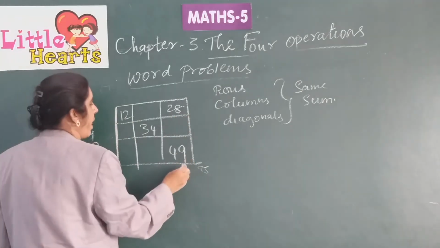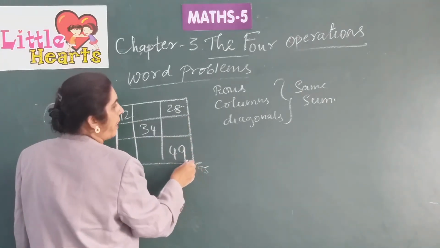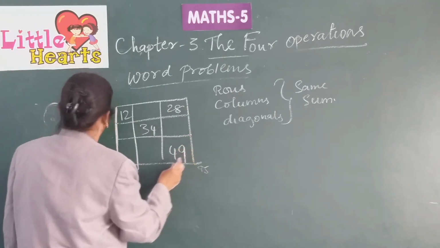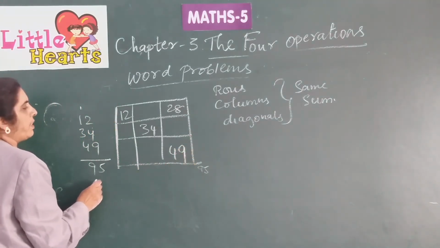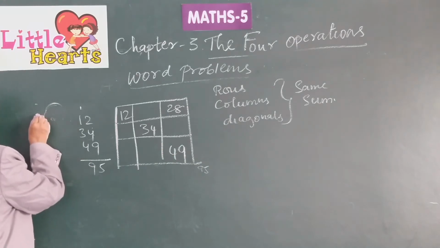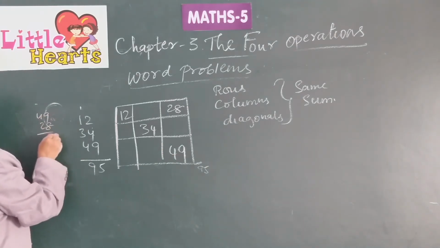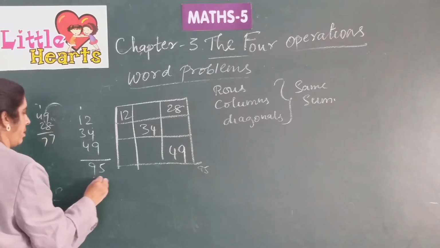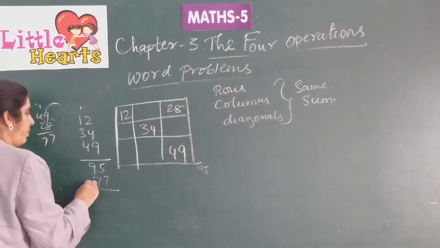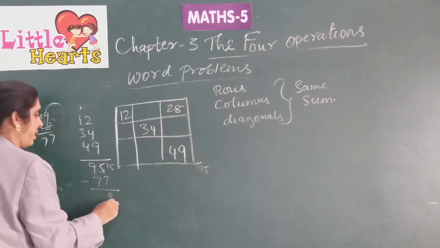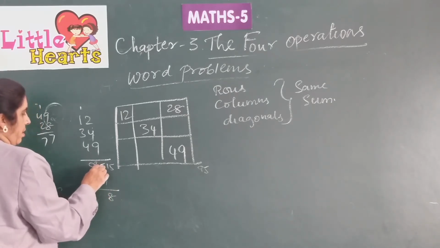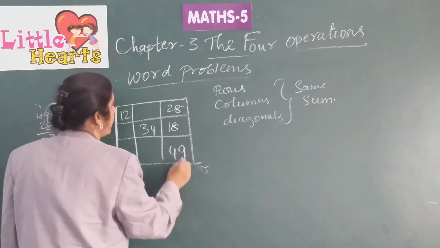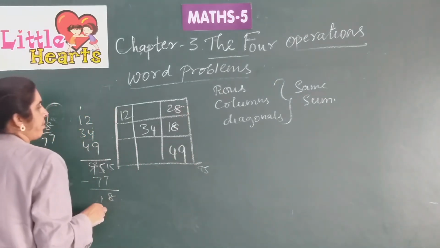So you have to add these two. 49 plus 28, how much? 77. This should be subtracted from this. 95 minus 77, 18. You will get 18. The sum is 95.